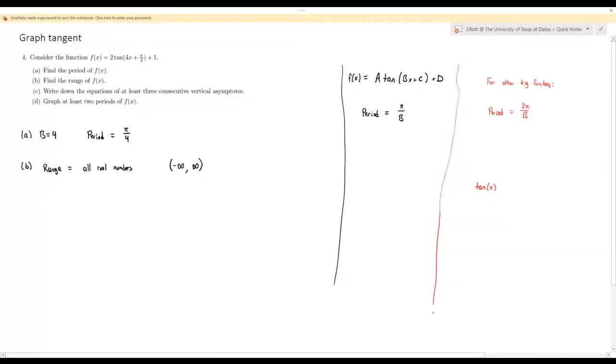So let's first think about the ordinary tangent function. For the ordinary tangent function, its vertical asymptotes are going to be at all of the odd multiples of pi over 2.